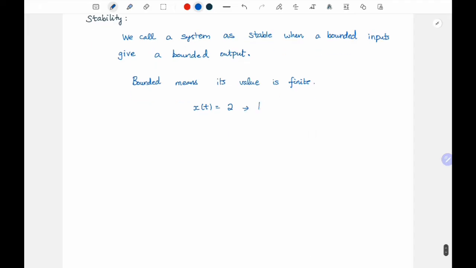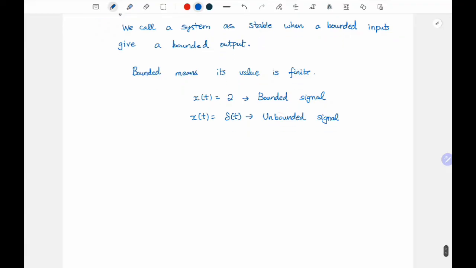So this is a bounded signal. And if you take the unit impulse function, this goes to infinity at t equal to 0. So this is an unbounded signal. So if we restrict our inputs only to bounded signals, then we should get the outputs also to be bounded. In that case, we say it is a stable system.